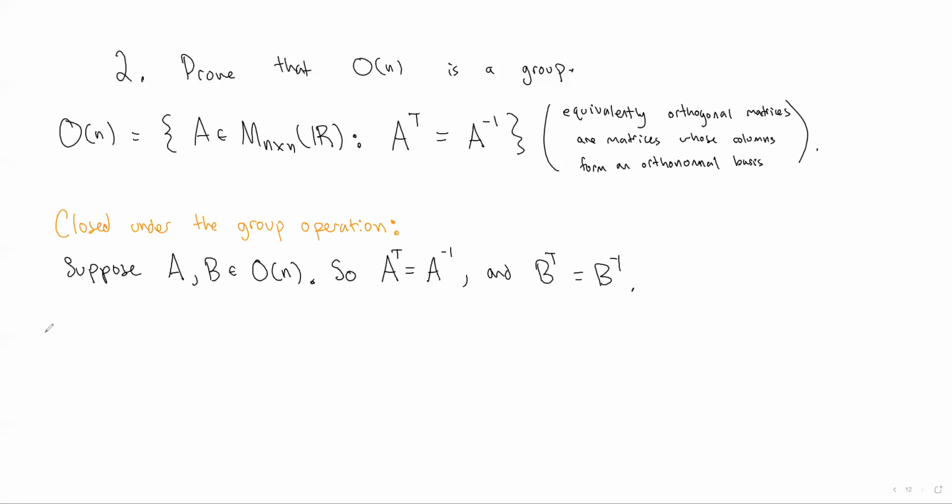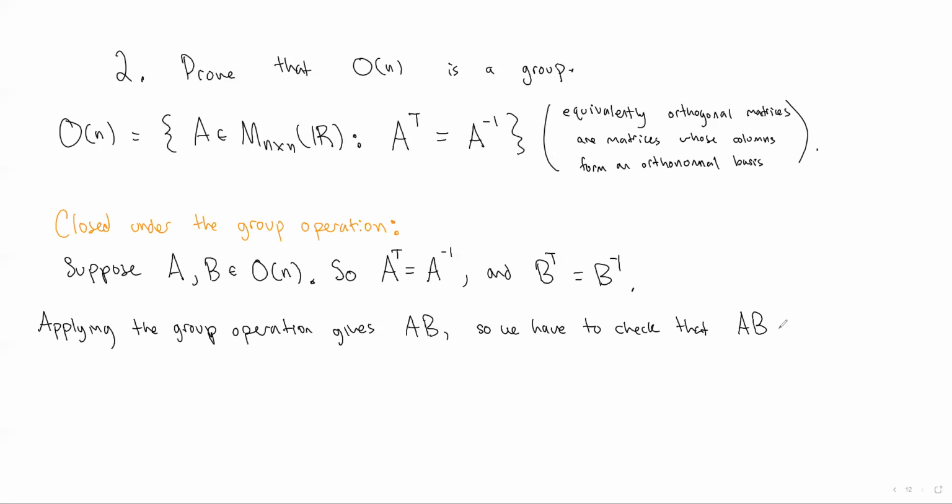Now, applying the group operation gives AB. So we have to check that AB is an element of ON. So does it satisfy the condition for being in ON?